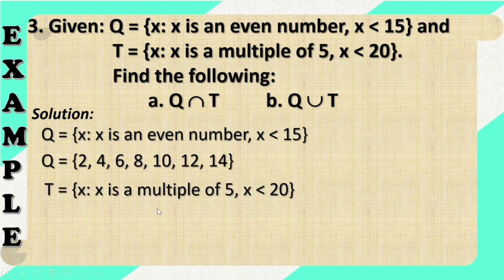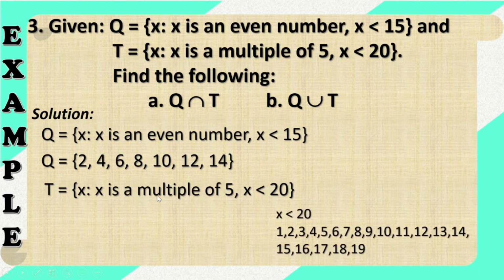For set T, we are going to list the numbers less than 20. Then we are going to get the multiples of 5, or skip counting by 5. So we have 5, 10, and 15.